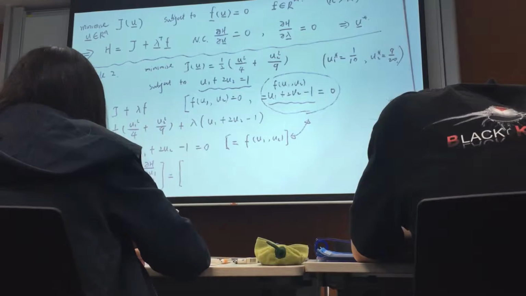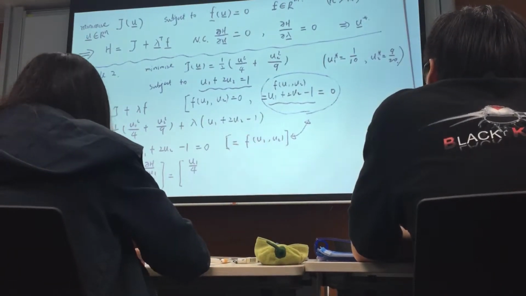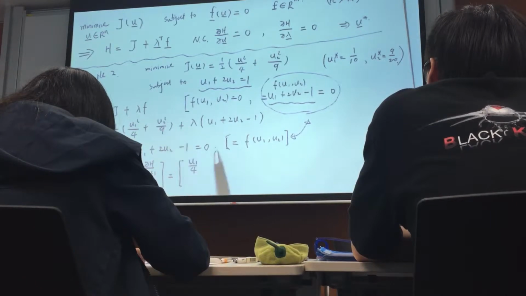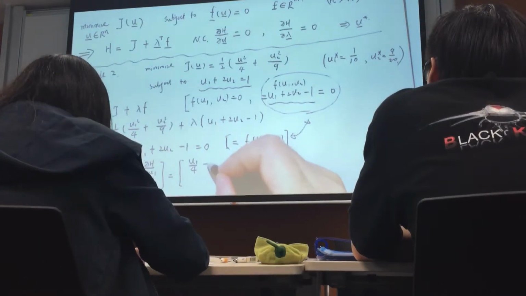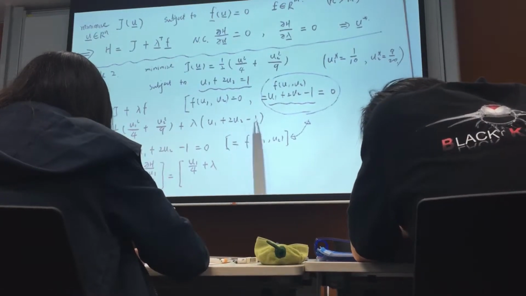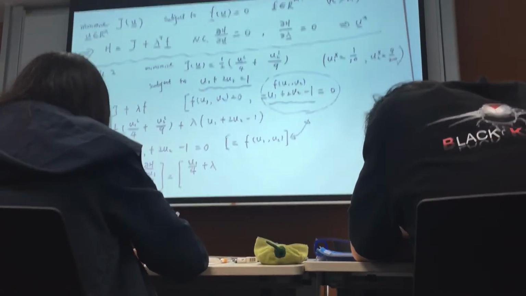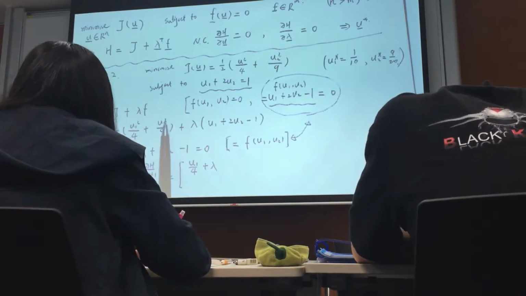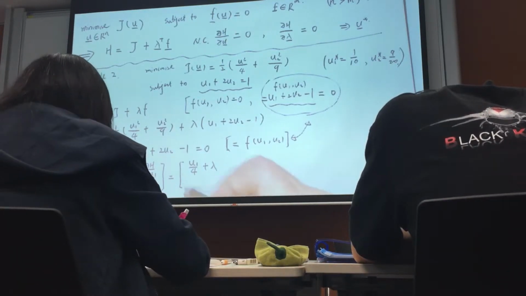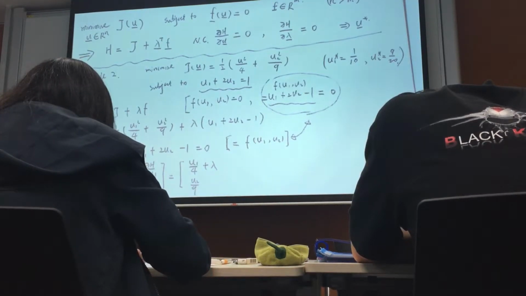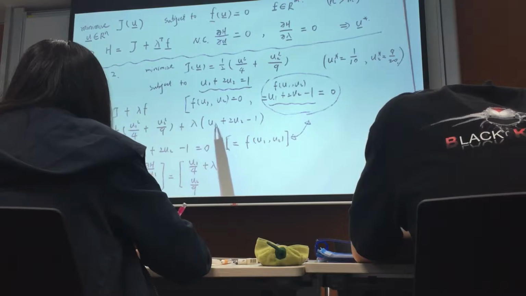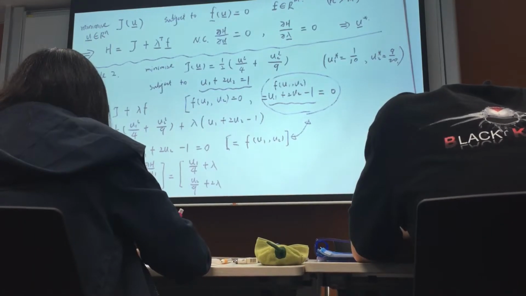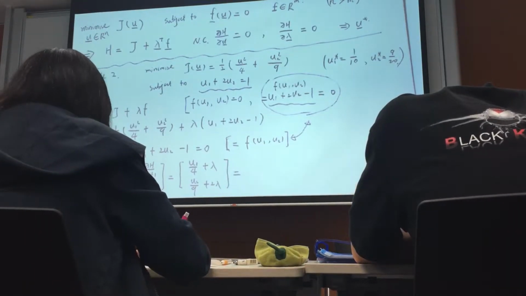So U1 divided by 4, plus the U2 term will just be 0, plus lambda. The other components are just 0. The dH/dU2 is also quite simple because we have 2U2, so the 2 is cancelled here. U2 divided by 9. The U1 term is 0, so it's plus lambda. So this is equal to 0.